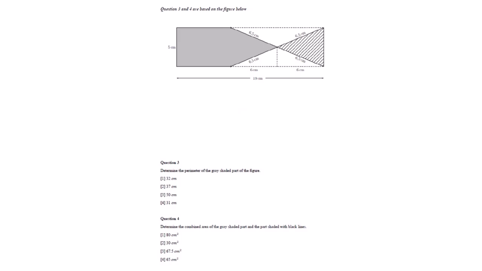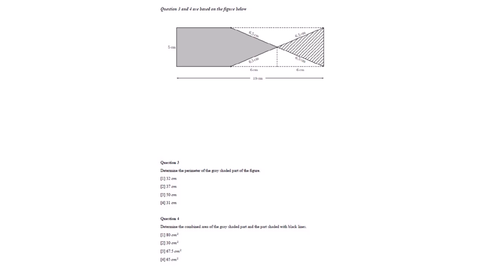Looking at the question for today, we have this diagram here. This diagram, we need it in order to answer question 4 and 3. So we have to analyze this diagram and be able to answer the questions.